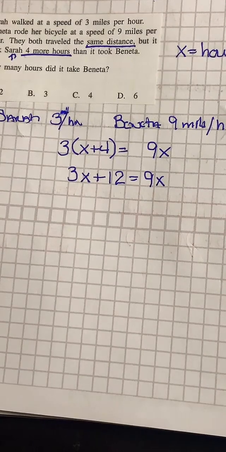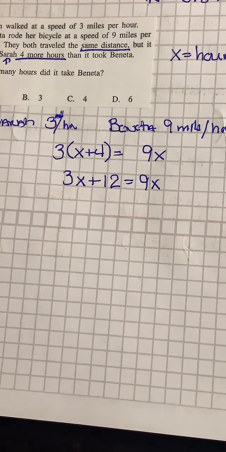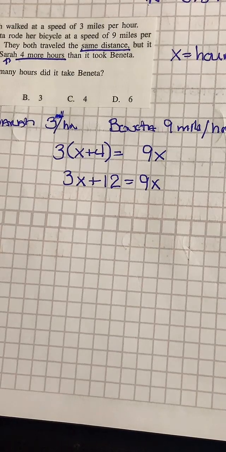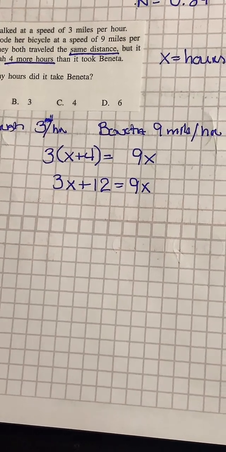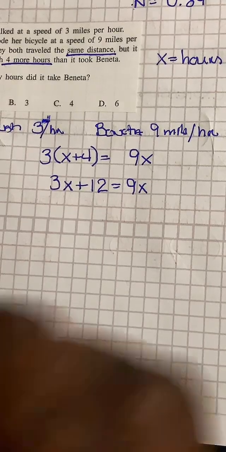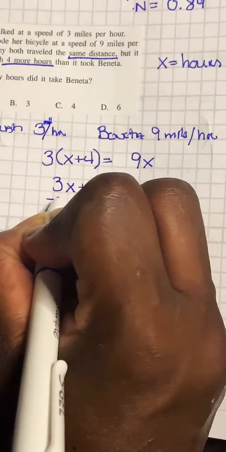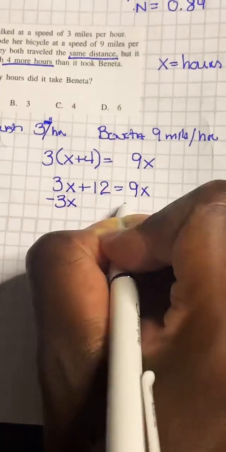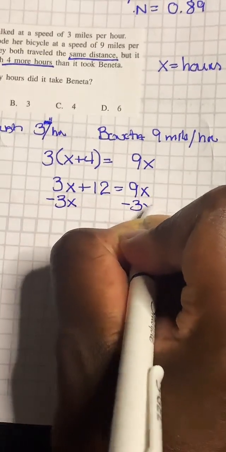So x is representing what? X is representing the hours. So let's take a look at how many hours these people have been walking or biking. Okay? All right. So we subtract the 3x.